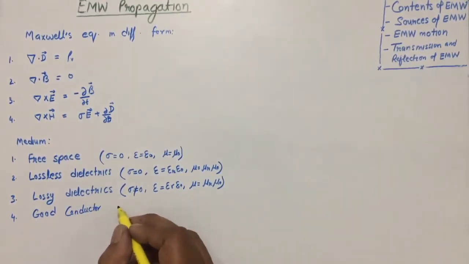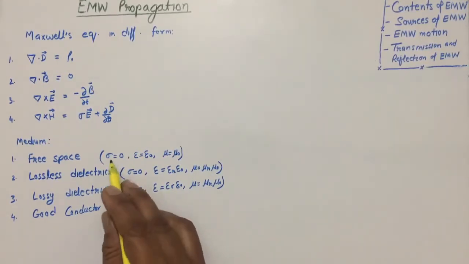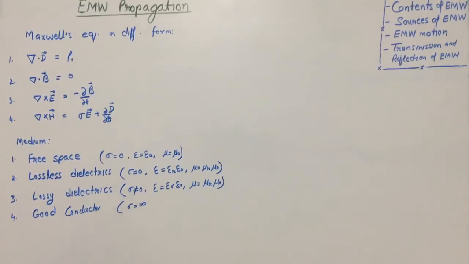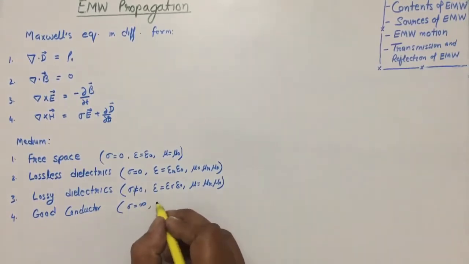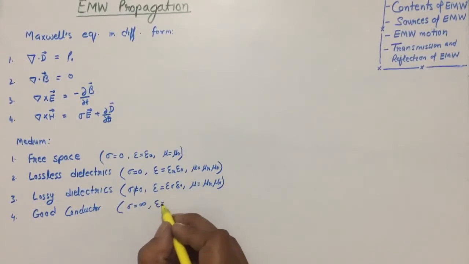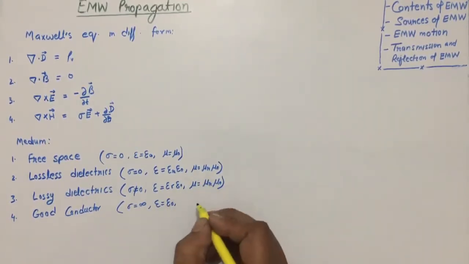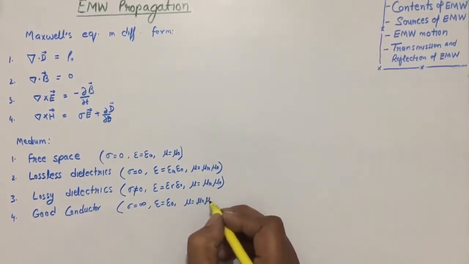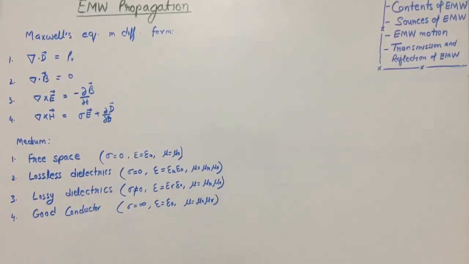In the case of a good conductor, the conductivity is very high, and it is assumed to be equivalent to free space in terms of permittivity, that is epsilon naught, and permeability differs from material to material.